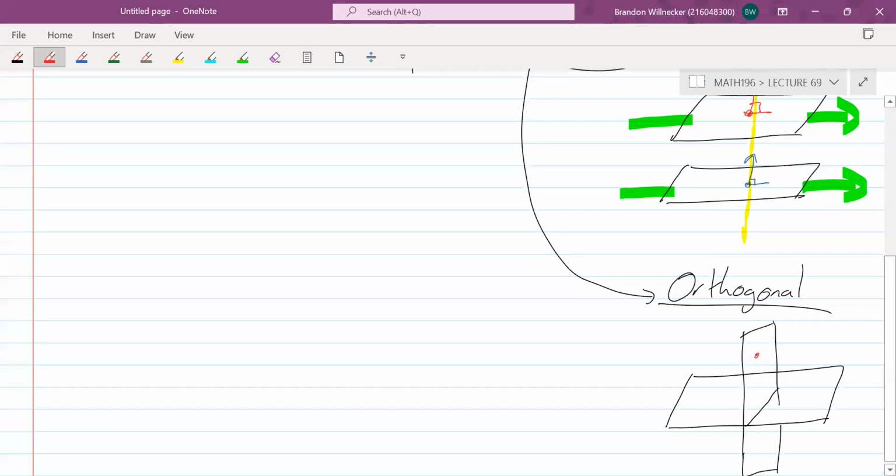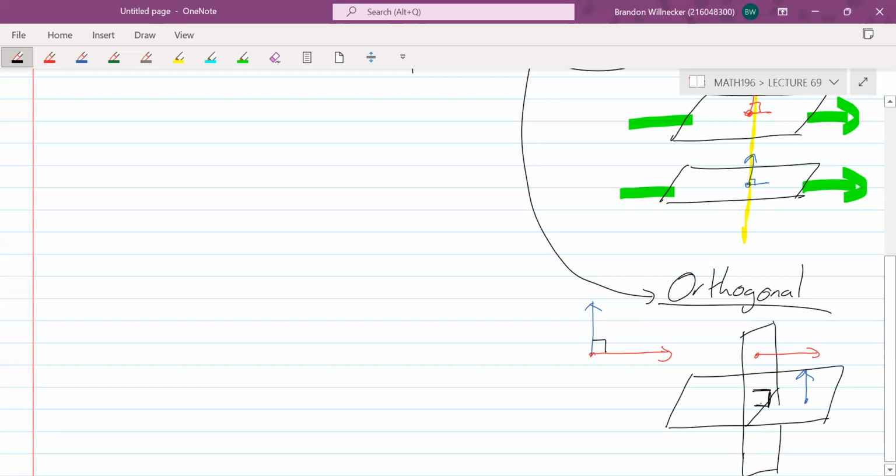So here we have this normal going this way, and here we have this normal going this way. If we move those vectors around just to the side here, we've got this one going that way, the blue one going up like that. We see that these are perpendicular to each other, 90 degrees, which means the planes are also 90 degrees to each other.